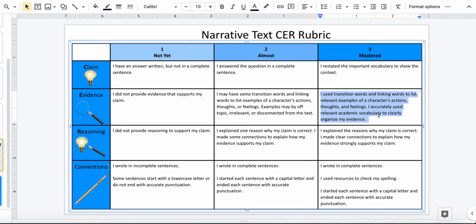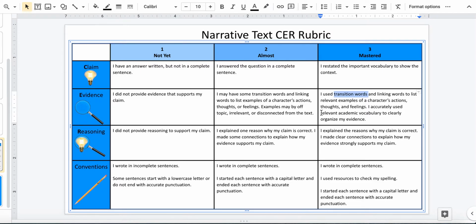If I look over at the evidence section, here's what I need to do to master evidence in a CER. I used transition words and linking words to list relevant examples of a character's actions, thoughts, and feelings. I accurately used relevant academic vocabulary to clearly organize my evidence. I can see here that transition words can organize my evidence.